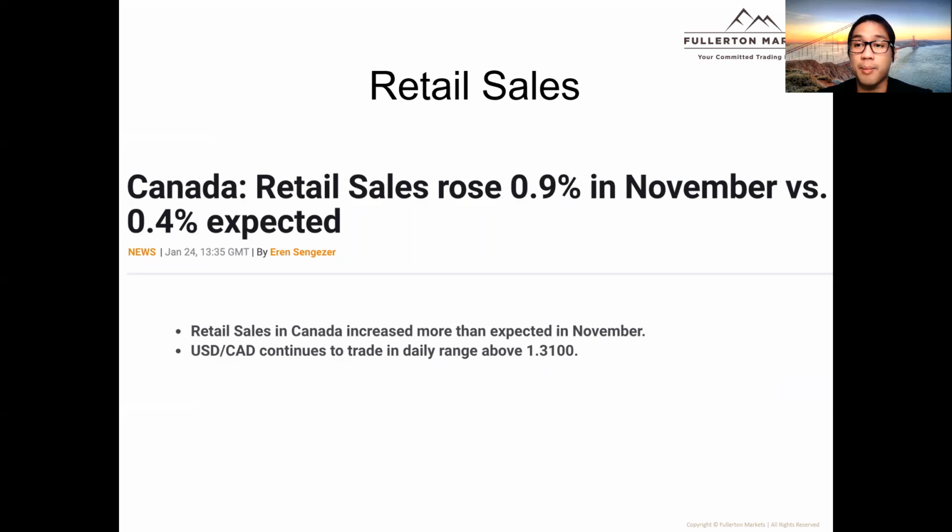So this is how economic data plays a part. We now know that retail sales rose 0.9% in November, and it did even better than what the experts were thinking it would be. This will lead to volatility and is usually positive for whatever currency pair it is attached to, in this case, Canada.